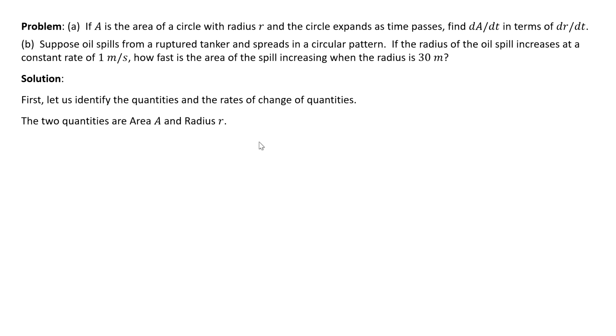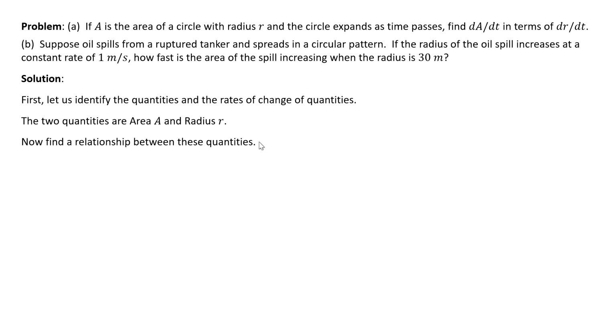Those are the quantities. And when you want to find this rate of change dA/dt, this is what you need to do. Can you find a relationship between those quantities? Do you know some way area of a circle A is related to the radius r?